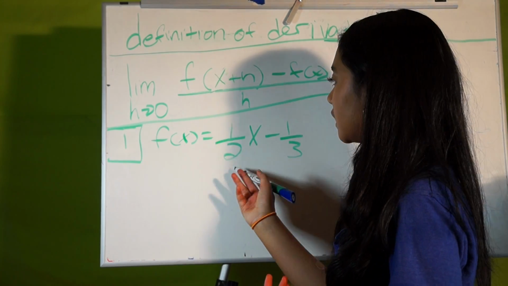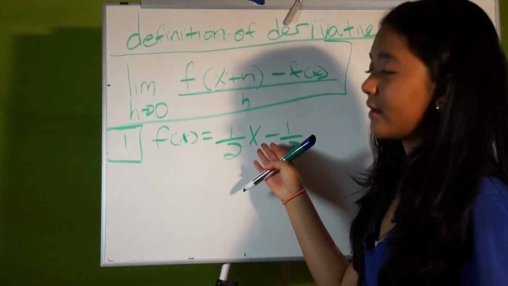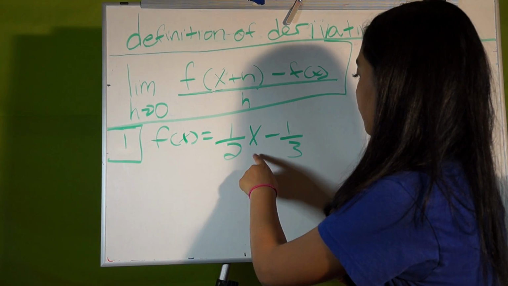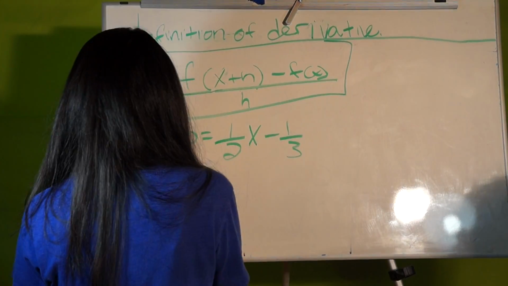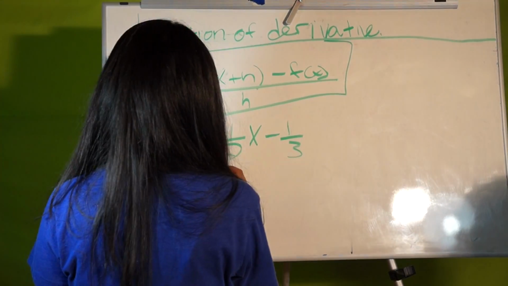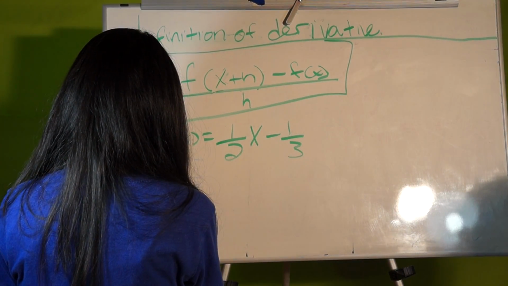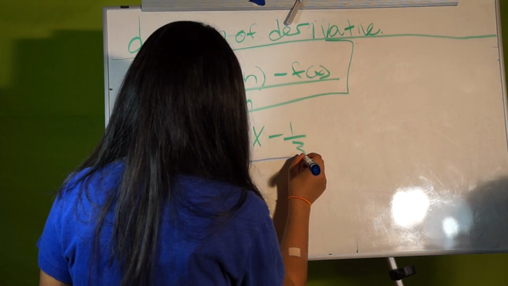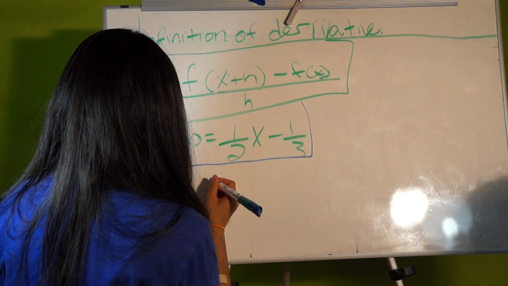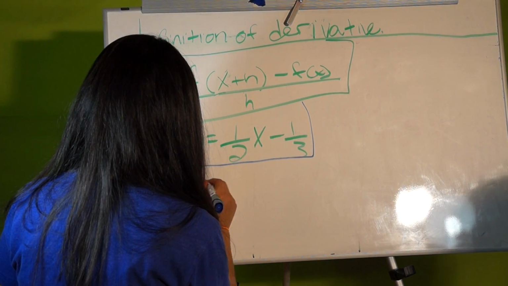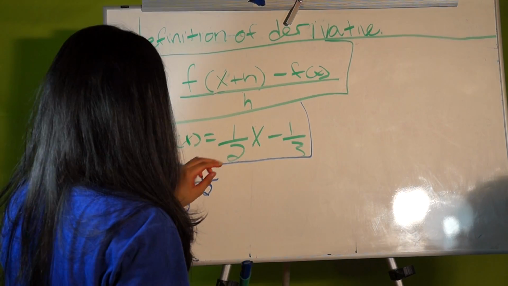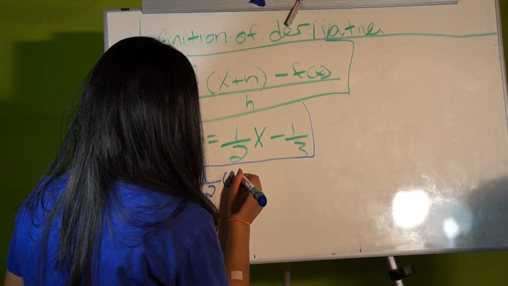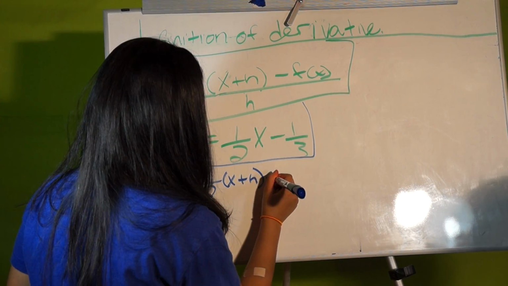Here we have f of x equals 1/2 x minus 1/3. So basically, you'll plug in here. I'm going to start over here. Limit as h approaches 0, and you'll have 1/2, and you're going to plug x plus h into the x. So then you'll have x plus h minus 1/3.